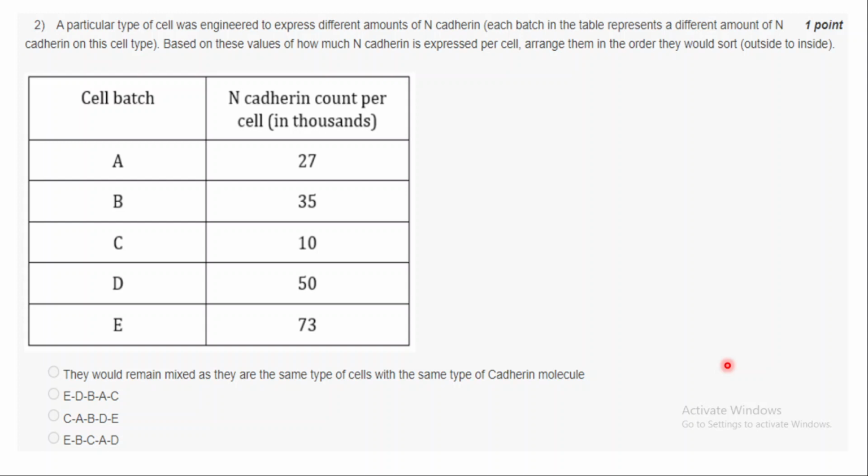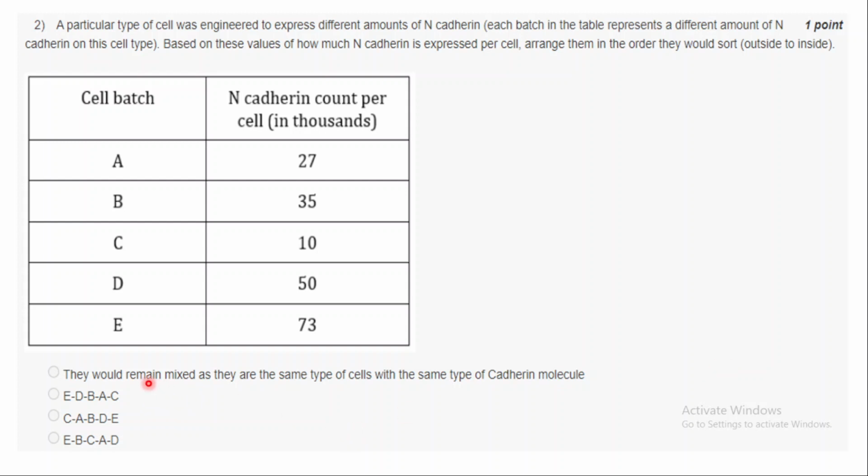What cell line will occupy the outer layer, and gradually as we move we reach the inner core. Based on the concentration of N-cadherin, you have to determine, if you mix all these cells, this will form a ball of cells. Now in the ball of cells, which kind of cell will occupy which layer? You just have to think about it and tell me the answer in a layer based manner.